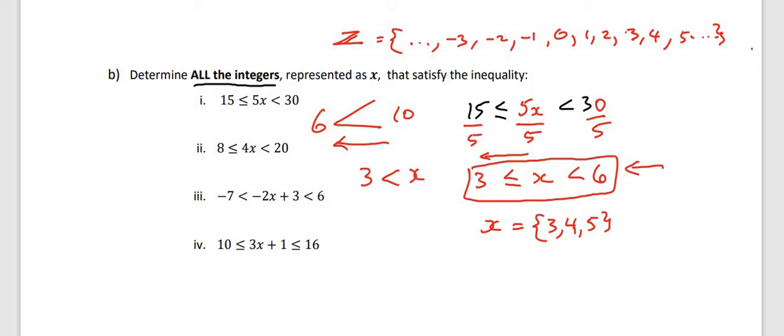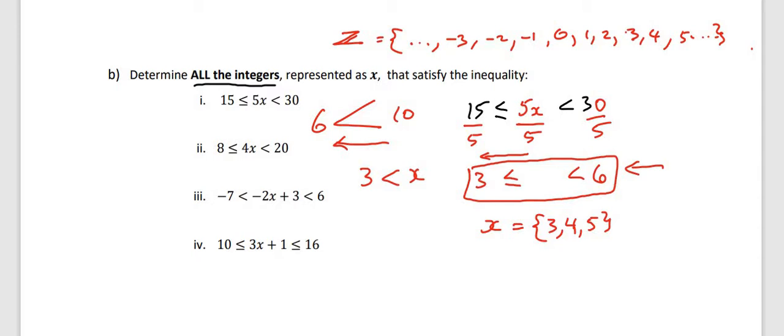So in other words, I can remove this x value here, and I can put 3, and it will be true, because 3 is equal to 3. That's what this dash means. And 3 is less than 6.